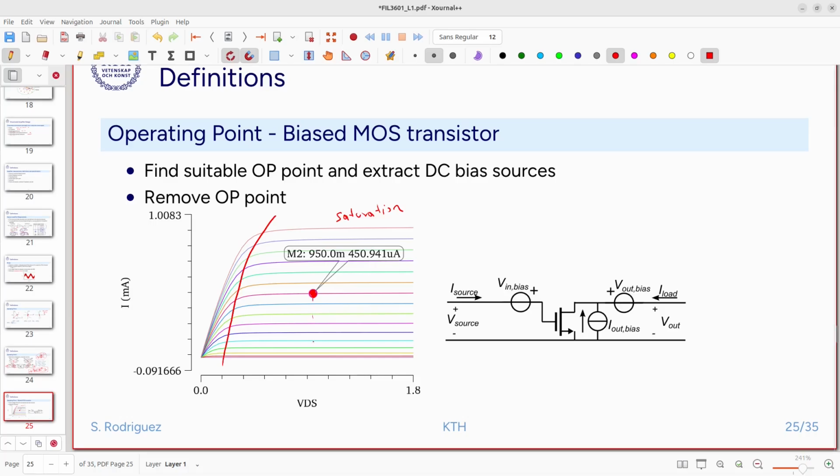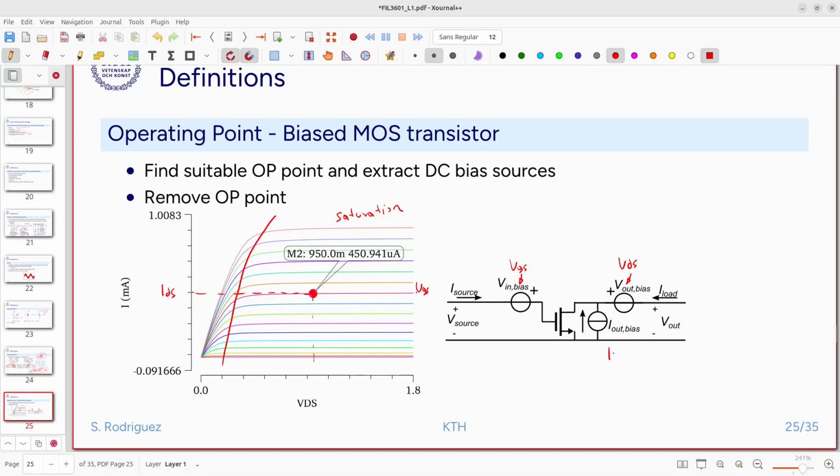And then that will give me the VDS that I want to put here. Each of these curves has a particular VGS. That is the VGS that I will put here, and it will produce a particular IDS current.